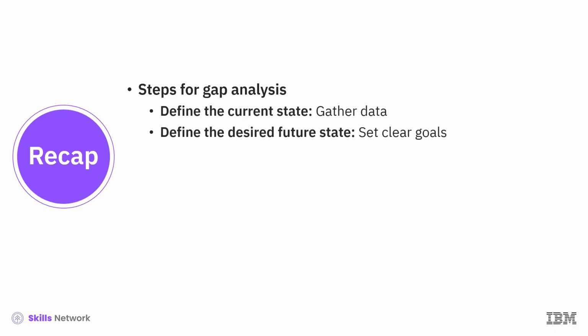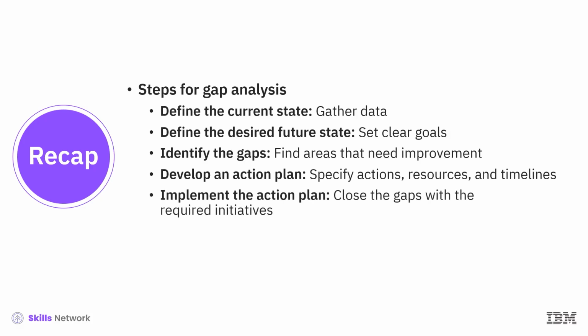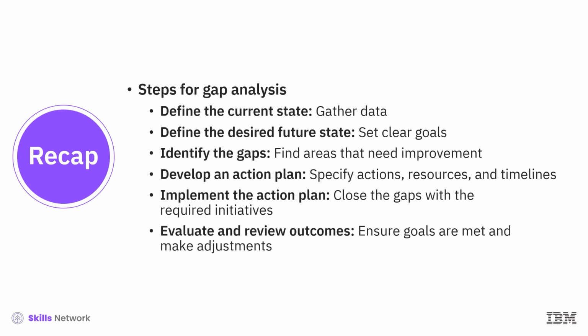Next, set clear goals to define the desired future state. Then, compare the two states to identify gaps and areas needing improvement. Develop an action plan specifying actions, resources, and timelines. Implement initiatives to close the gaps. And finally, evaluate and review the outcomes to ensure goals are met and make adjustments as needed.